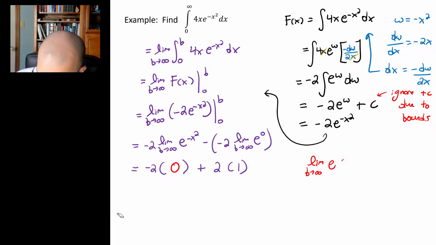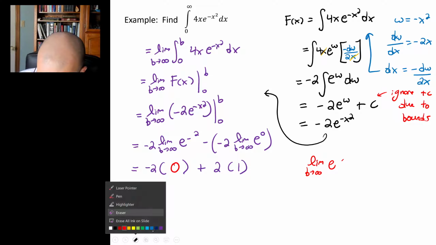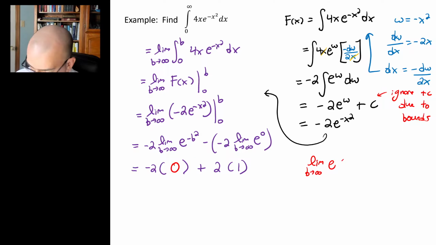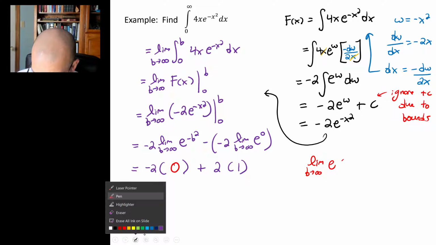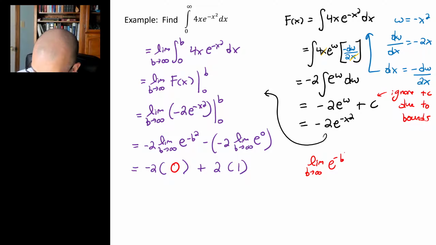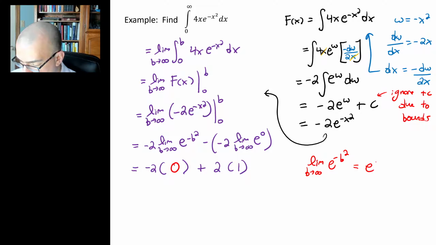forgot to replace the b, oops. This would be at b, negative b squared. That's going to be e to the negative infinity squared. The negative sign is not part of what's being squared. Just the b part is being squared.